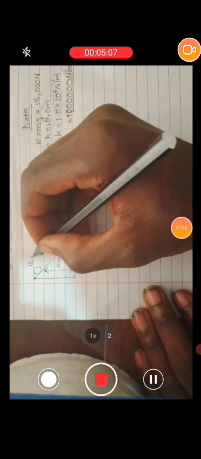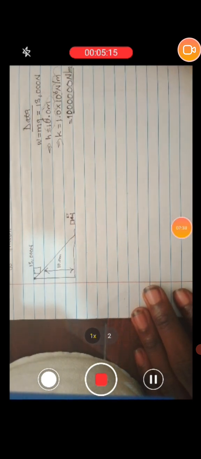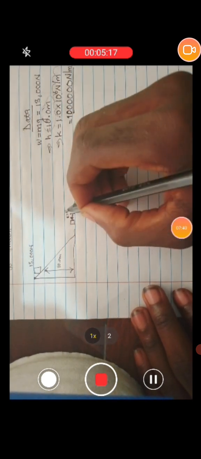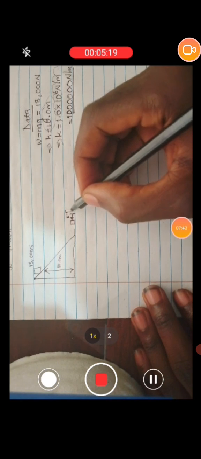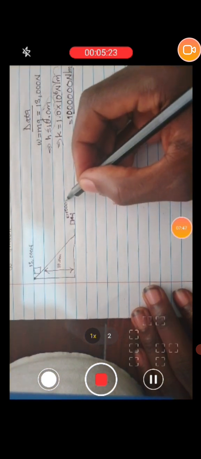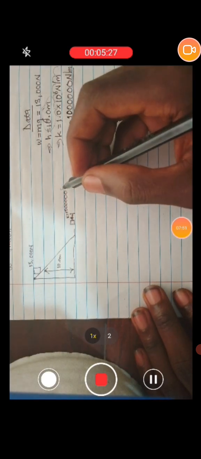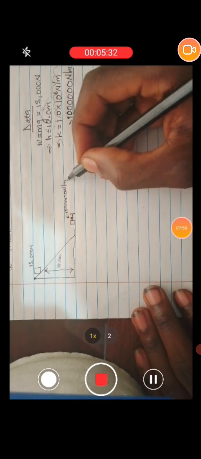Then you have the weight of the car, which is 30,000 newtons. Then you have the spring constant of the spring, which is 1 million newtons per meter.